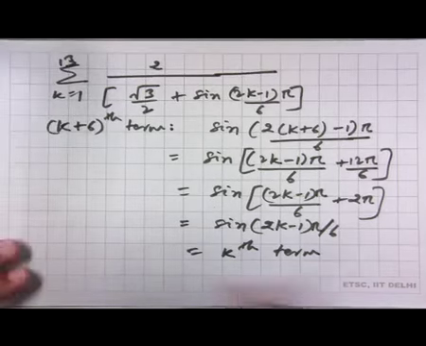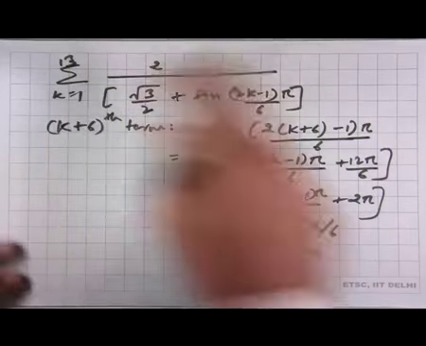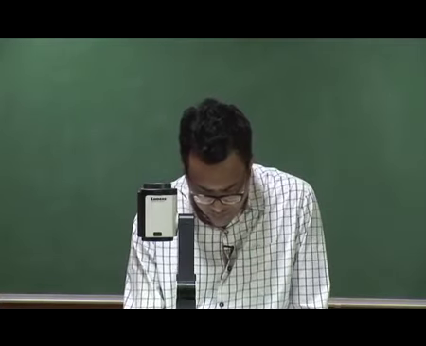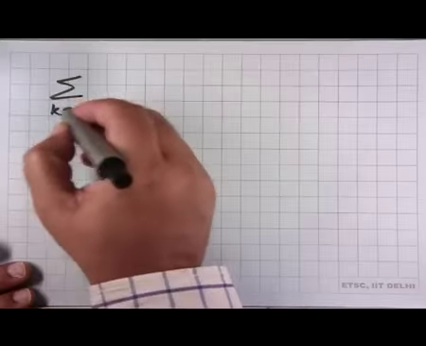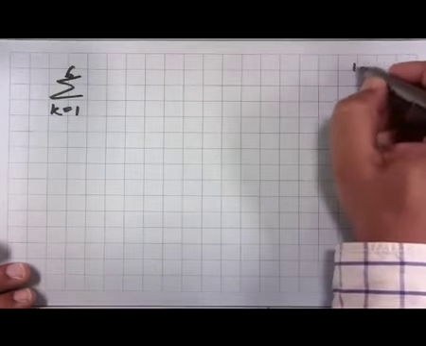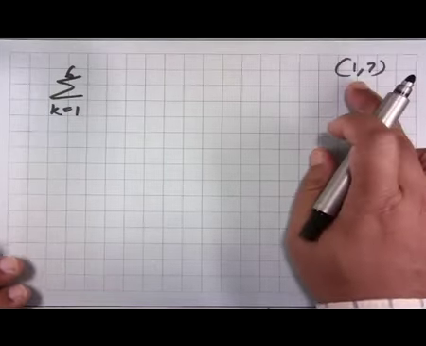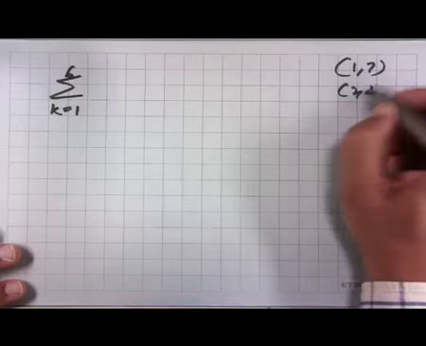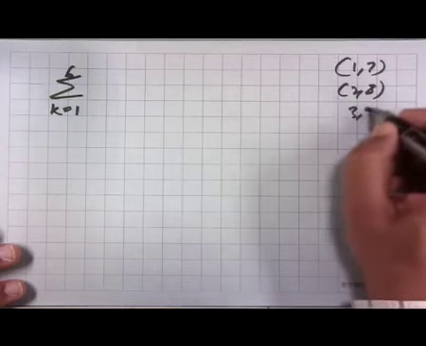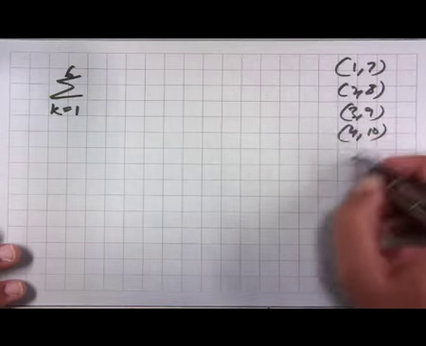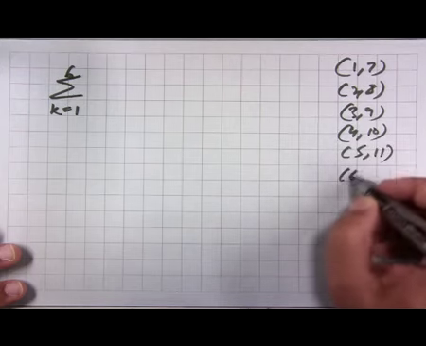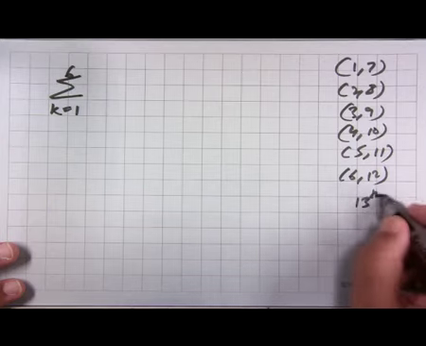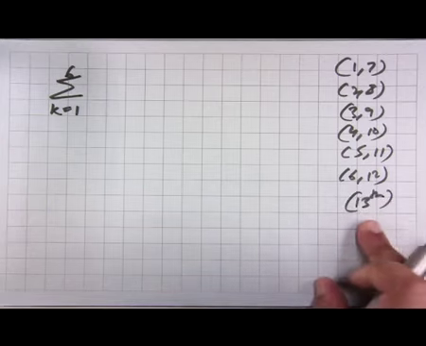What we can do is rewrite this entire summation as the summation for k equal to 1 to 6, because the first and the 7th terms are equal, the second and the 8th are equal, the third and the 9th are equal, the 4th and the 10th are equal, the 5th and the 11th are equal, and the 6th and the 12th terms are equal, and the 13th term has to be treated separately.